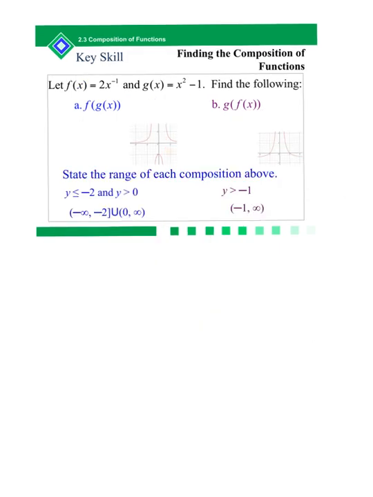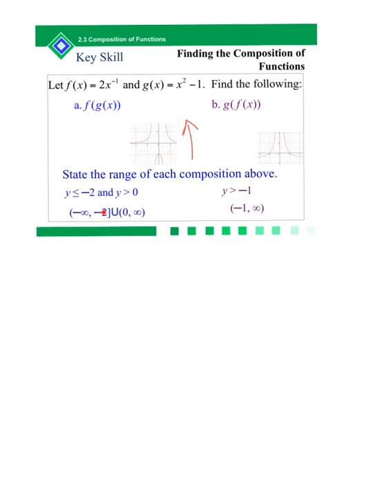Now let's look at how to find the range. The best way to find the range is just by looking at the graph. See, this is the graph we have here. We are looking now at the y-axis, and you can see the range is all the numbers from -infinity to -2.